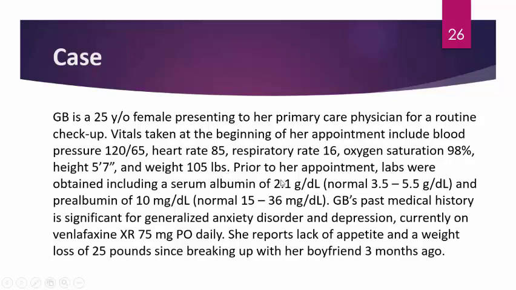Prior to her appointment, her labs included serum albumin of 2.1 and prealbumin of 10. Normal is 15 to 36 for the prealbumin, and 3.5 to 5.5 for serum albumin. Her past medical history is significant for GAD and depression, currently on venlafaxine. She reports a lack of appetite and a weight loss of 25 pounds since breaking up with her boyfriend 3 months ago.